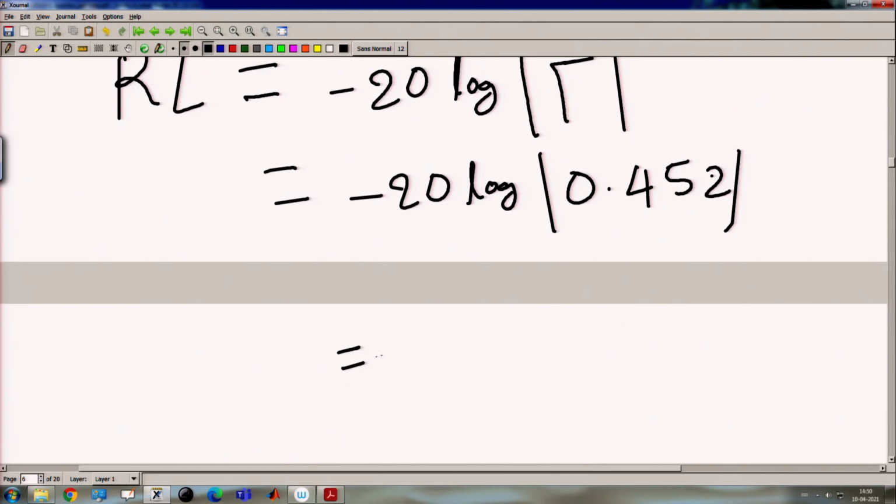So, this will equal 6.9 dB. So, this is the return loss when port 2 is terminated with short circuit. So, this part is completed now. Thank you.